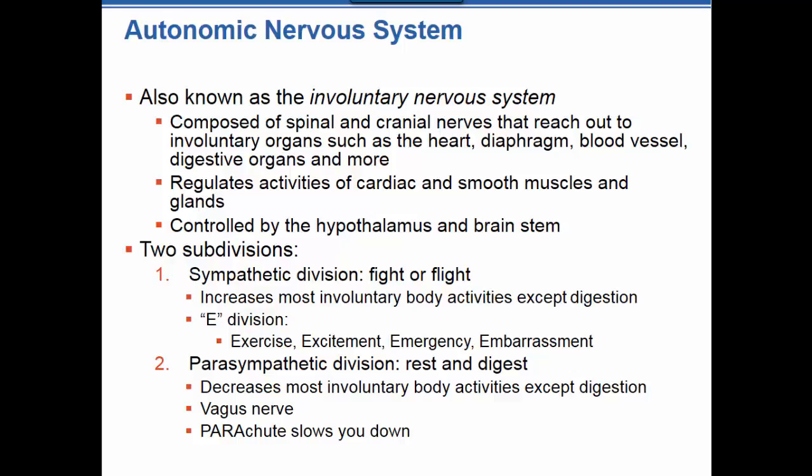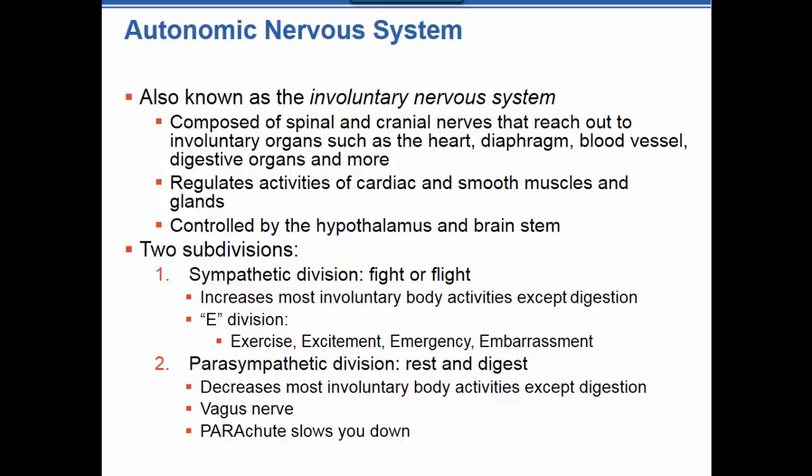Okay? So the autonomic nervous system is really mostly composed of spinal and cranial nerves that are reaching out to these involuntary organs. The autonomic nervous system is controlled by the central nervous system.